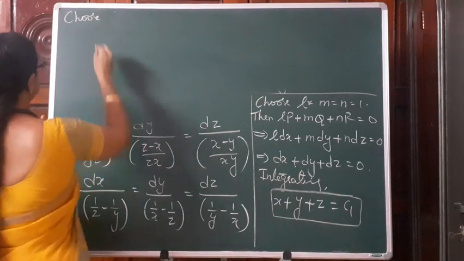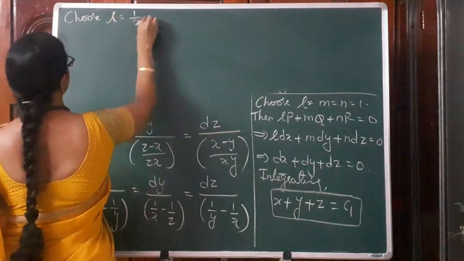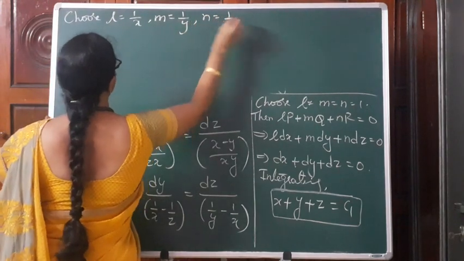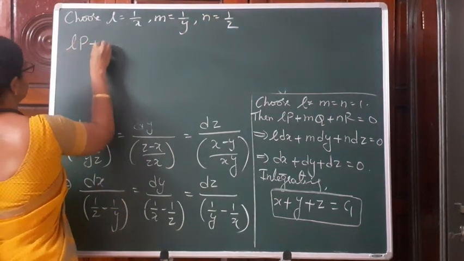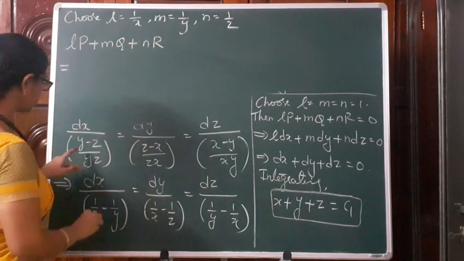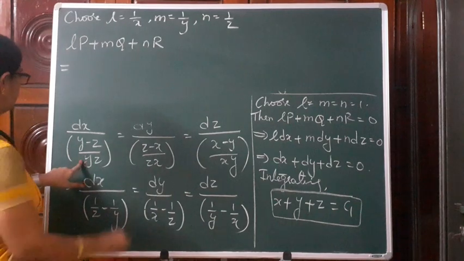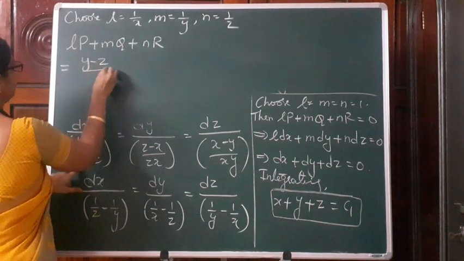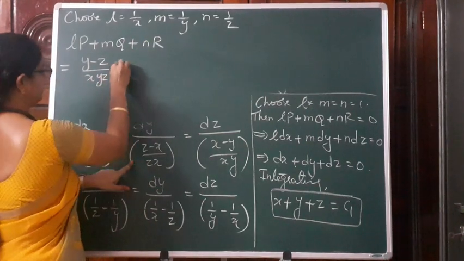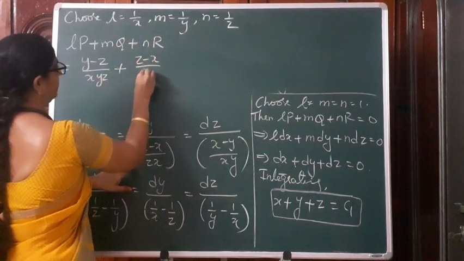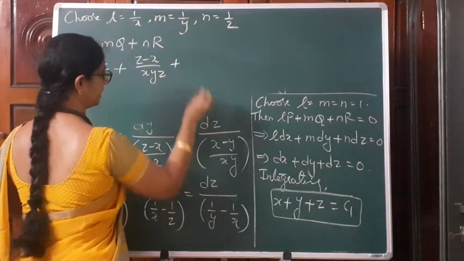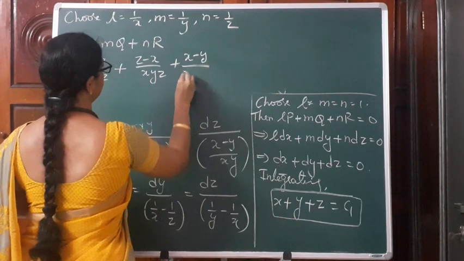So let me take L equals 1 by x, M equals 1 by y, and N equals 1 by z. So that LP plus MQ plus NR now gives 1 by x, that means (y minus z) by xyz, plus M is 1 by y, that is (z minus x) by xyz, plus N is 1 by z, therefore (x minus y) by xyz.